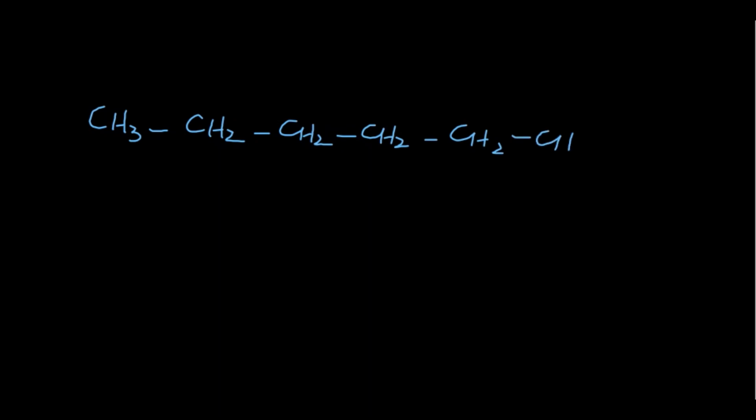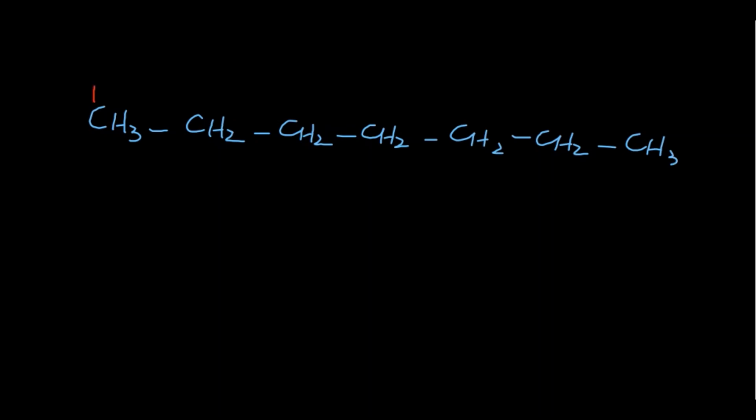Now students, we will see some more examples. For example, if we have a molecule which is made up of 7 carbon atoms, we write the structure: CH3, CH2, CH2, CH2, CH2, CH2, CH3. Right students?